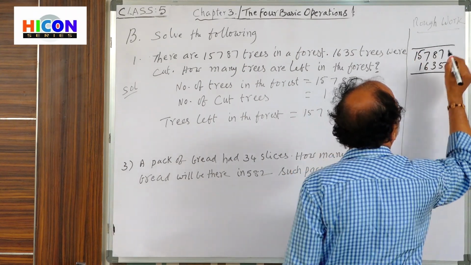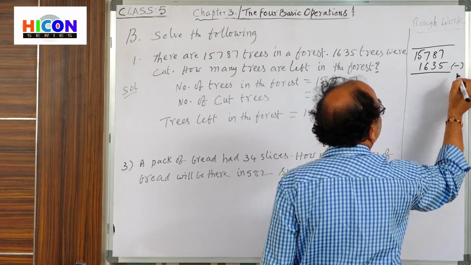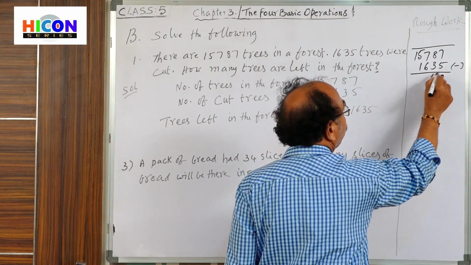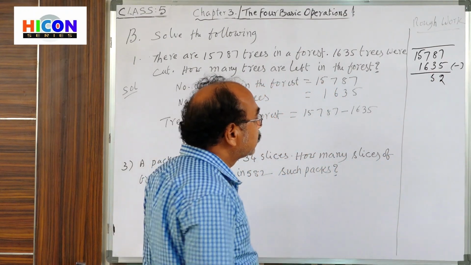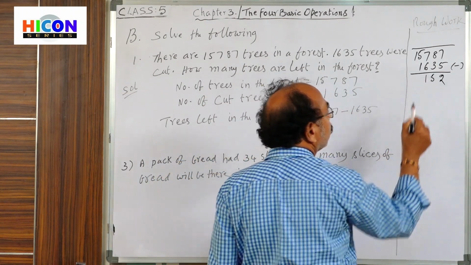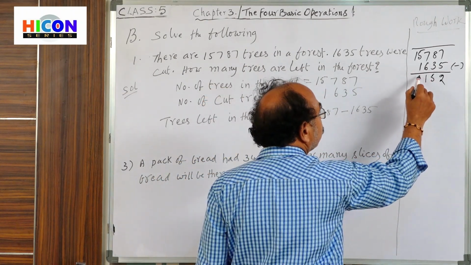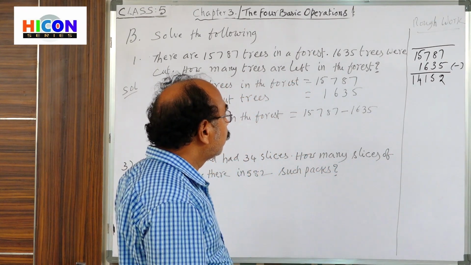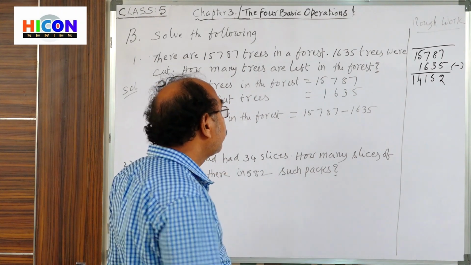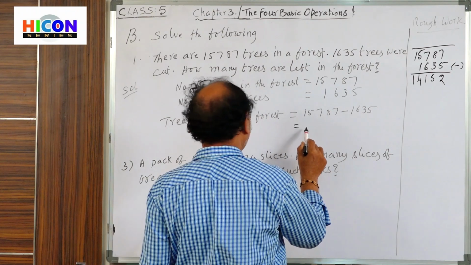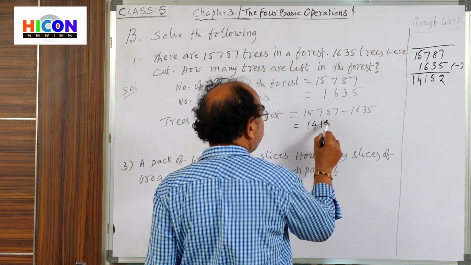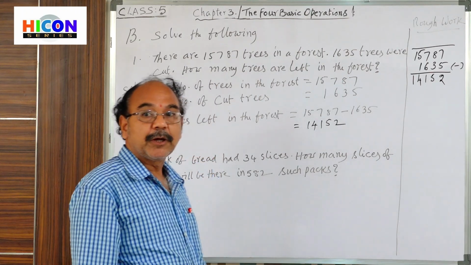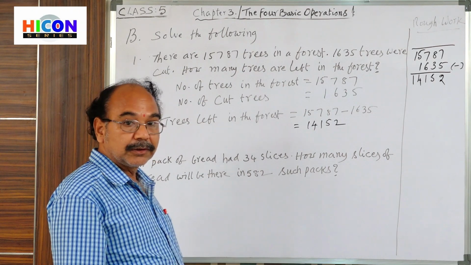Okay, this is a subtraction problem. 7 minus 5 is 2. 8 minus 3 is 5. 7 minus 6 is 1. Here 5 minus 1 is 4. Here 1. That means 14,152. So here the subtraction operation is implemented.